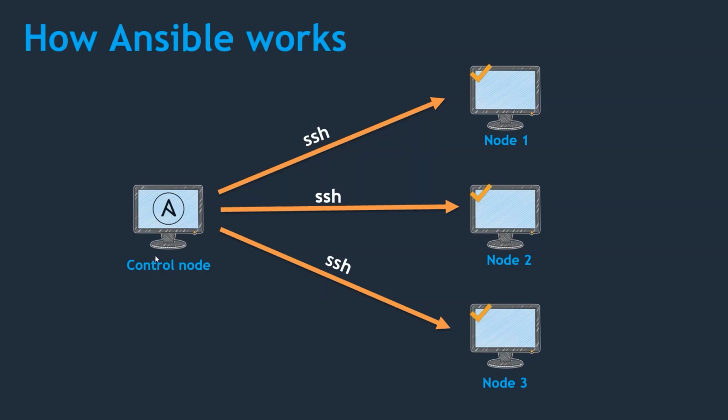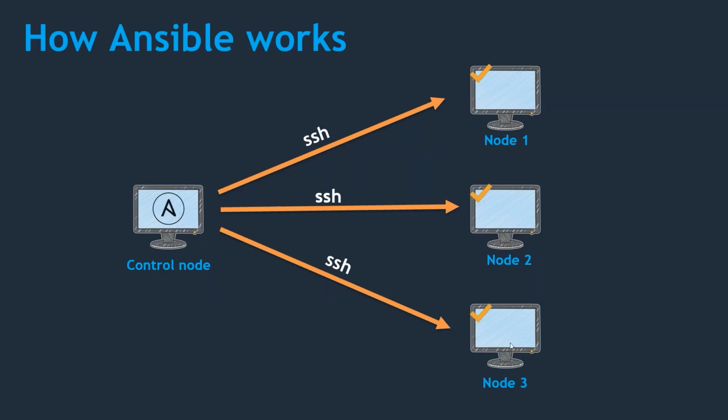Sometimes I may pronounce it master, either master or control node. Control node is the actual name given by Ansible, so we should call it a control node. So the control node manages all the nodes, and these nodes we call managed nodes, which are managed by your control system.